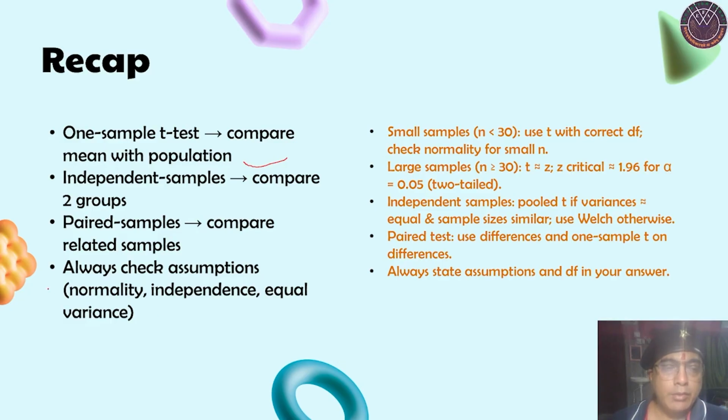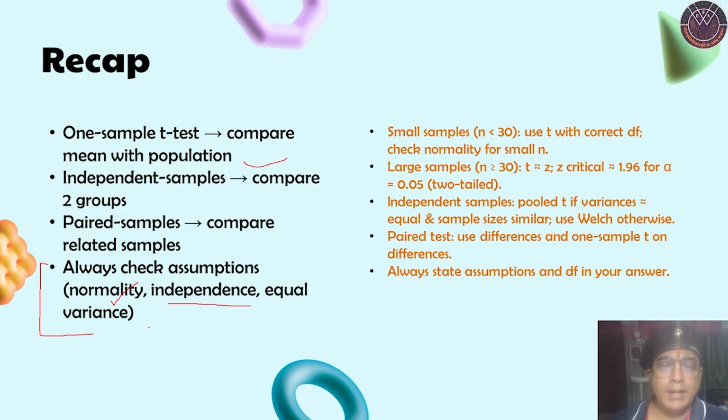But you have to always see the assumptions. The assumptions for t-test: the sample should be normally distributed. Both the groups should be independent, and equal variances should be there. Although for unequal variance, you have already seen which formula you have to use.